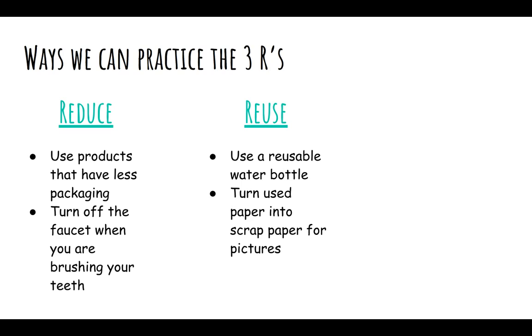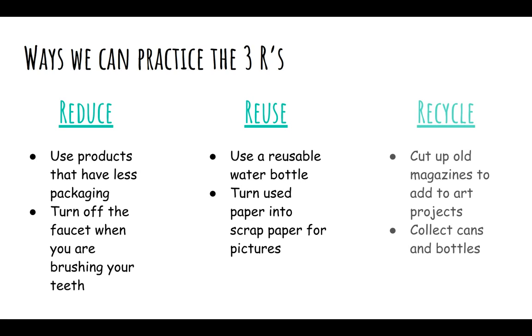So if a piece of paper just has something on one side, we can always turn it over and draw something on the other side. And we can recycle by cutting up old magazines to add to art projects instead of just throwing them away. And we can collect cans and bottles and take them to a recycling center.